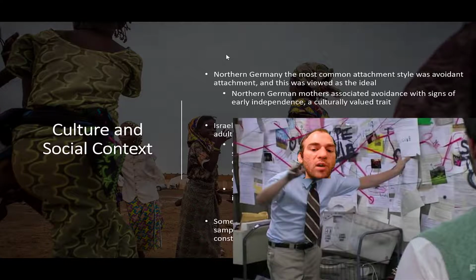The most common form of attachment in kibbutz-reared infants was anxious ambivalent. Some studies have found no avoidant attachment in Japanese samples and among the Dogon in West Africa, where infants are in constant proximity to their parents. So the idea here is that although traditional studies have found that secure attachment is associated with the most optimal, the best developmental outcomes, this is not consistent across cultures.